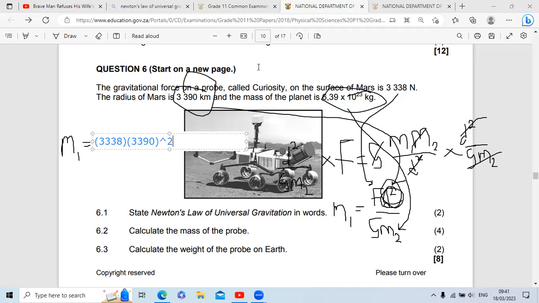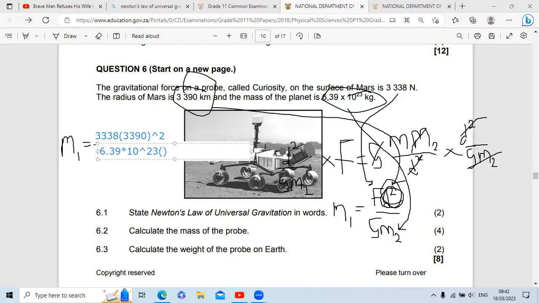This is all going to be divided by all this, times 10 to the exponent of 23.